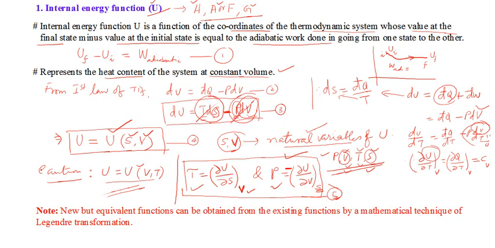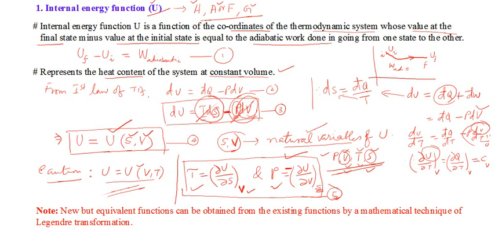So there are mathematical techniques to obtain equivalent functions. Remember, I'm not saying equal functions. There is a mathematical technique to obtain equivalent mathematical functions from one existing function, what is known as Legendre transformation.